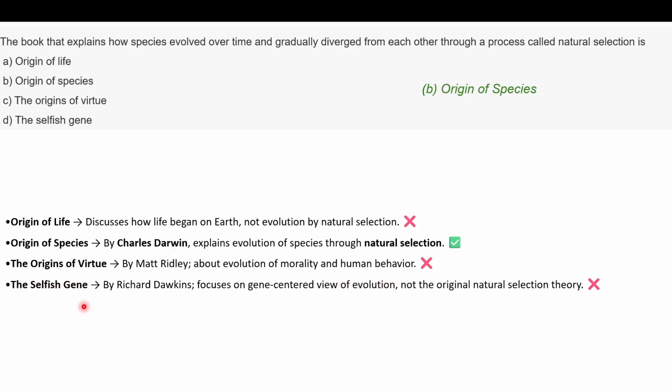And there's The Selfish Gene, which is a very famous book by Richard Dawkins, which focuses on the gene centric view of evolution, not the original natural selection theory. So the correct answer for this particular question is Origin of Species, written by Charles Darwin, which looks at how species have evolved over time via natural selection.